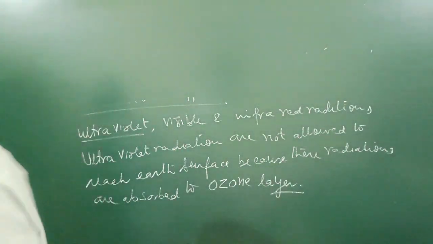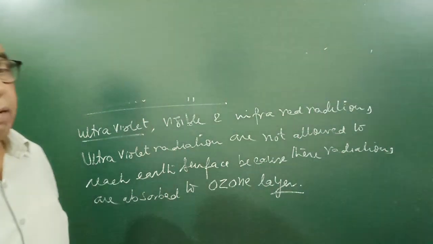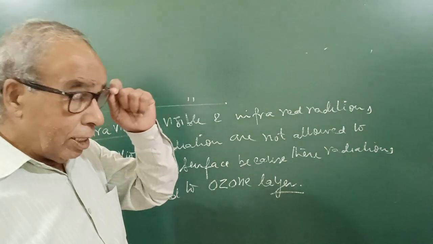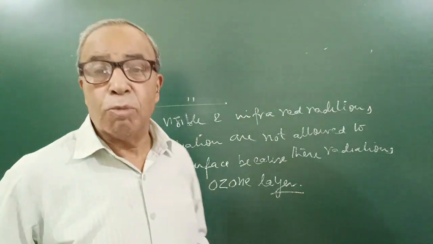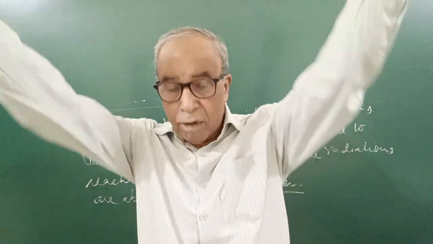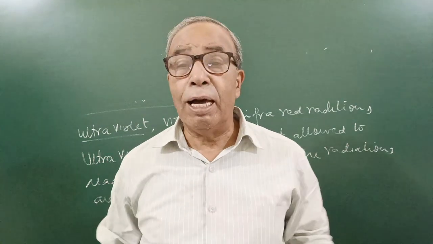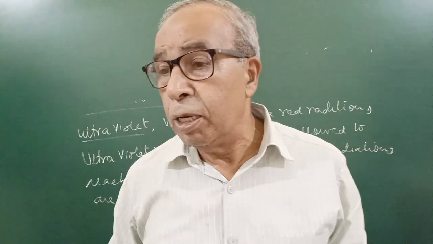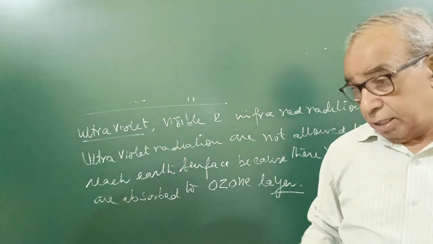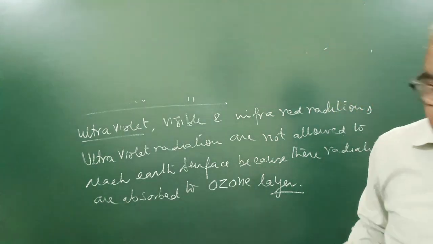They are all absorbed by ozone. So we are saved. Ultraviolet radiations are high energy radiations, and if they fall on our body, they produce harmful effects. They will ionize the atoms and molecules in our blood cells, and that may cause many diseases, skin diseases.